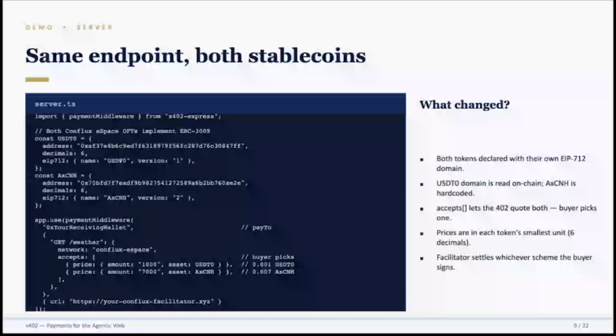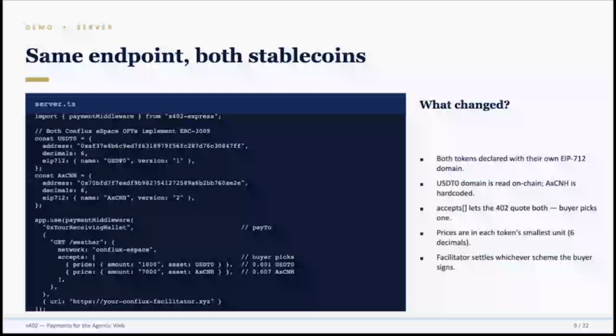As a server, let's just say you set up an API endpoint. When someone requests your services, you say you need to pay to a receiving wallet, the person providing the API service. What is our endpoint? Let's just say this is the weather endpoint. And then here are the specifications: the network would be Conflux eSpace, and you accept, whatever, 1,000 USDT0 in 6 decimal points.